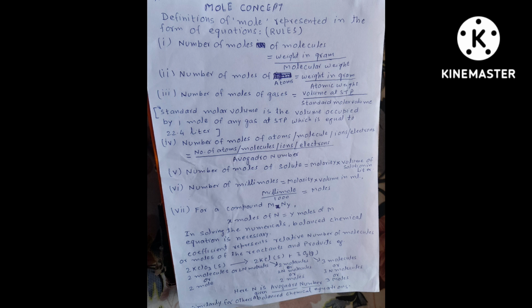It will come 13.13%. Similarly, mass percentage of oxygen, you can calculate the same way, 16 divided by 46.068 into 100. Then the percentage will come 34.73%.